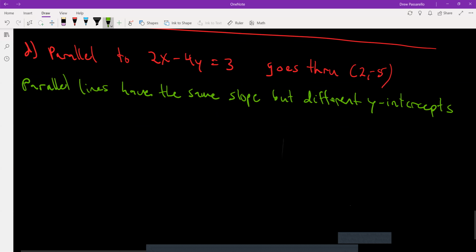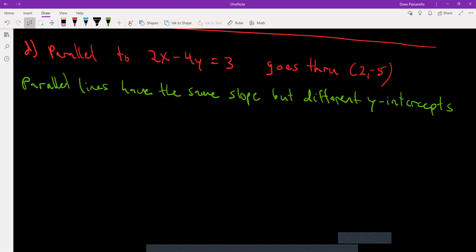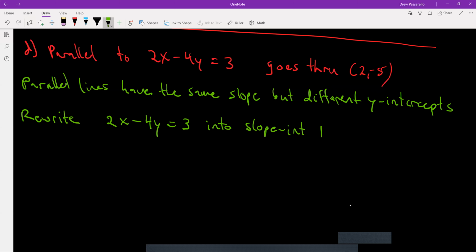And so what I'm going to do is rewrite our given line 2x minus 4y equal to 3 into slope-intercept form, and determine the slope and y-intercept.